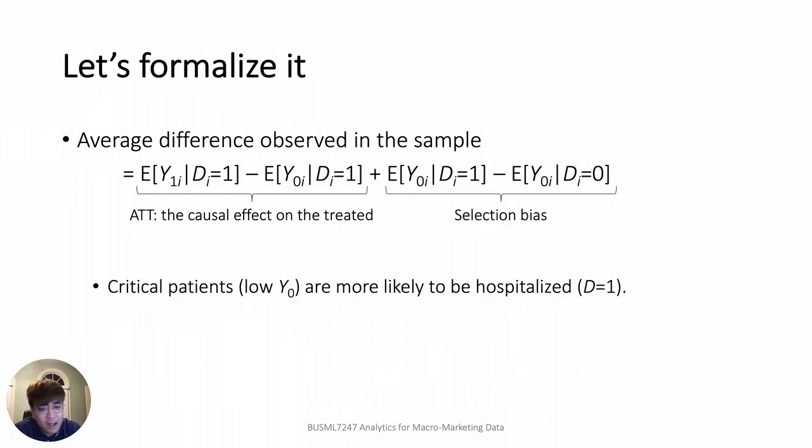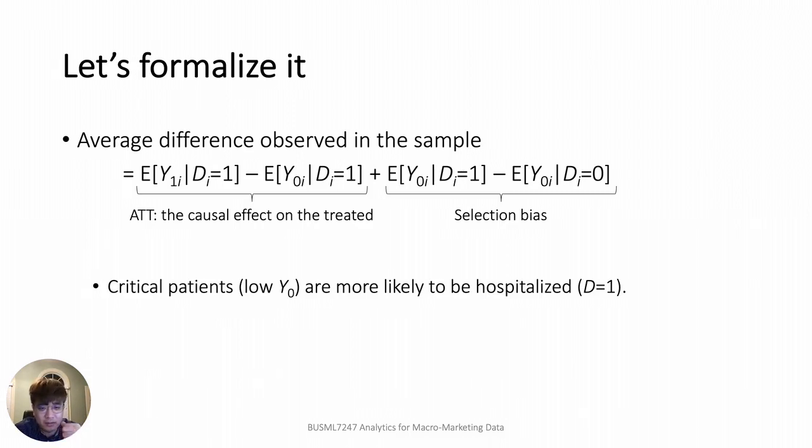That is, the average Y0 of the hospitalized patients, which is the first term of the bias, may be lower than the average Y0 of the not hospitalized patients, which is the second term of the bias, leading to a non-zero bias.